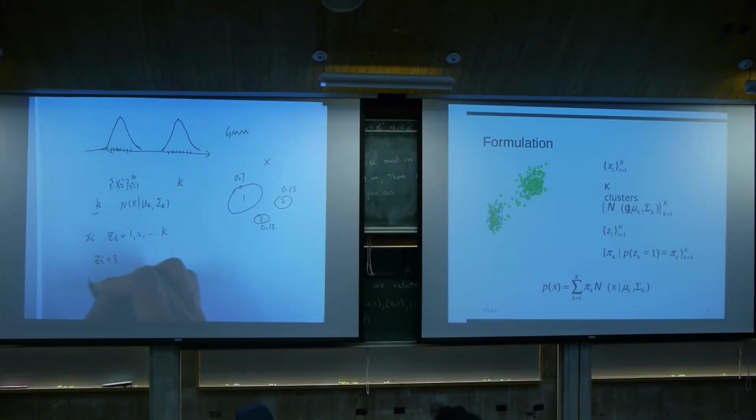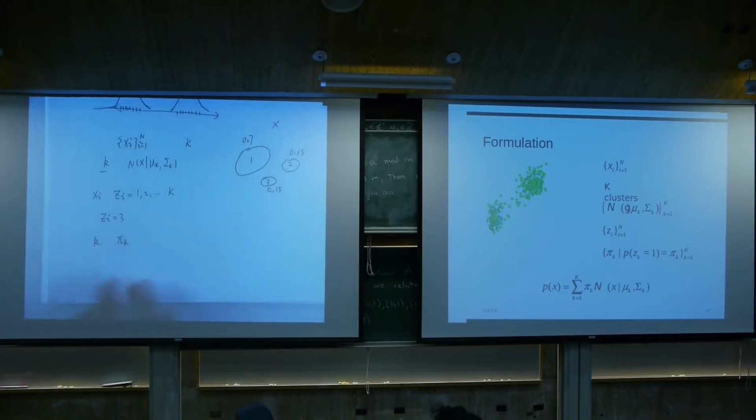Again, for each of the K clusters, for cluster k, we have a prior probability pi_k, which means how likely I'm going to assume a new point comes from this cluster.